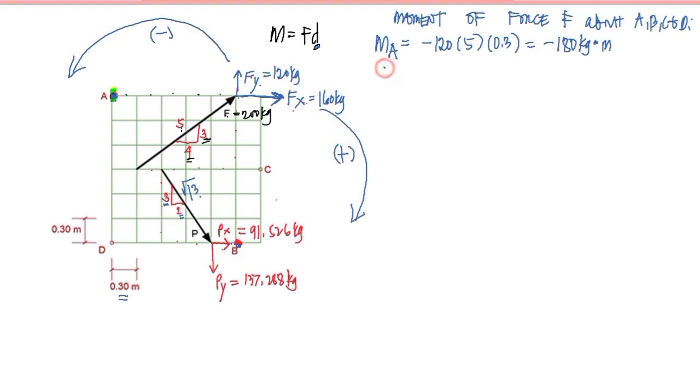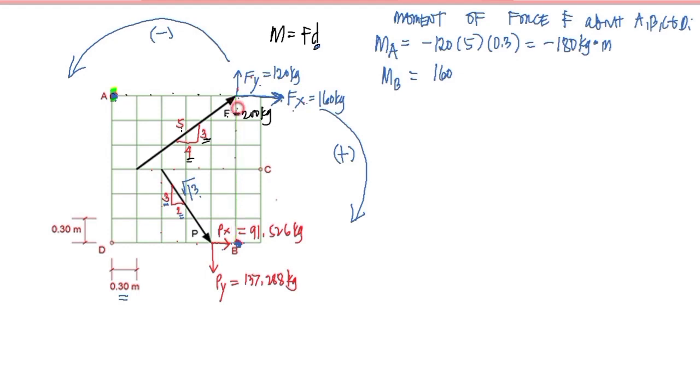So therefore, this Fx here will create a clockwise moment. So we have the moment at point B is equal to Fx, so that's 160, multiplied by the distance. So gaano kalayo yung Fx papuntang point B? Since yung ating Fx is horizontal, so meaning, yung vertical na distance na to, yan yung perpendicular distance of Fx from point B. So, bibilangin natin kung ilang blocks ito.